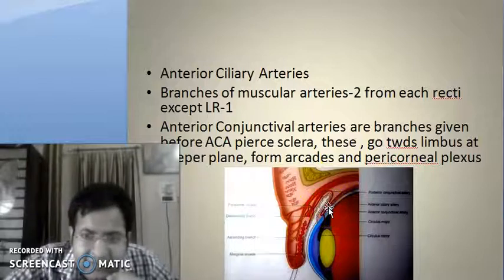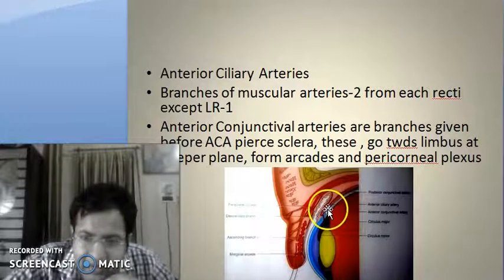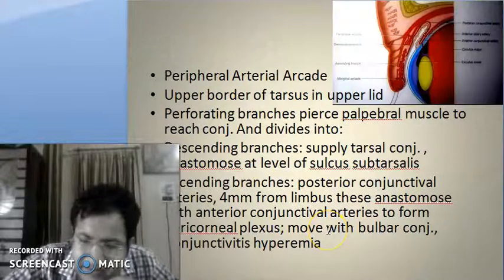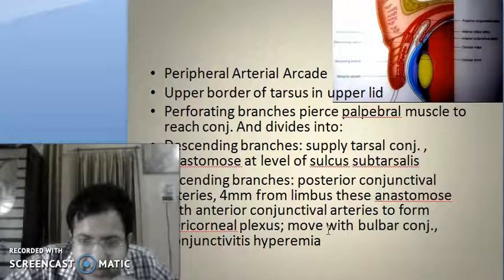The anterior conjunctival arteries: when the anterior ciliary artery goes ahead, a branch of it pierces the sclera and enters the anterior chamber to supply the iris.